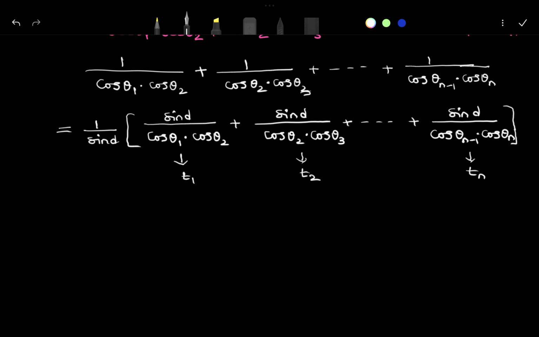First term, if you simplify, t1 is equal to sine d. Now d is the common difference. Already in the question theta 1, theta 2, theta 3 and so on, theta n are in arithmetic progression. So we can write d is equal to theta 2 minus theta 1, in the place of d you can write this. So here the value will be cos theta 1 into cos theta 2.